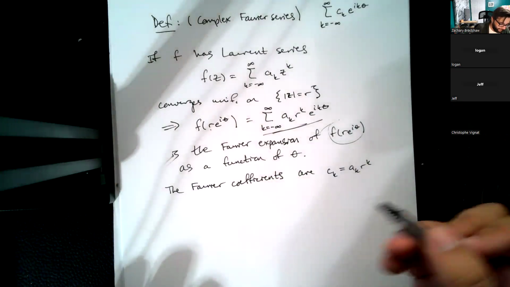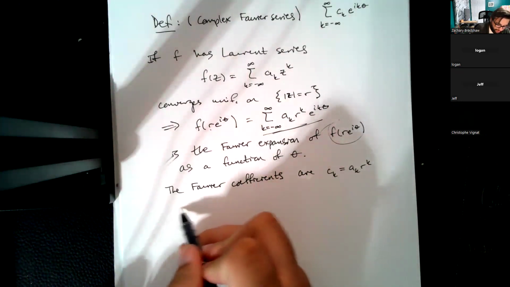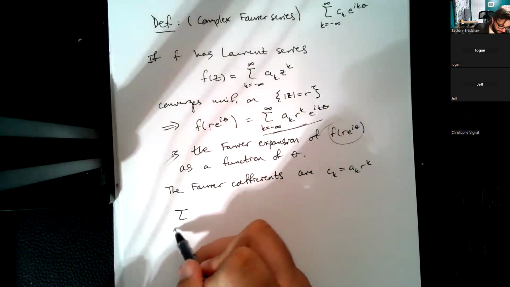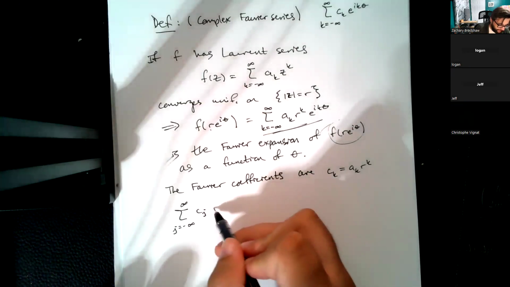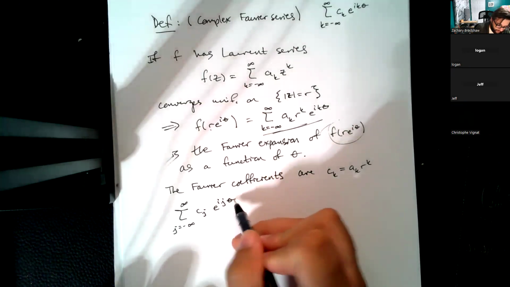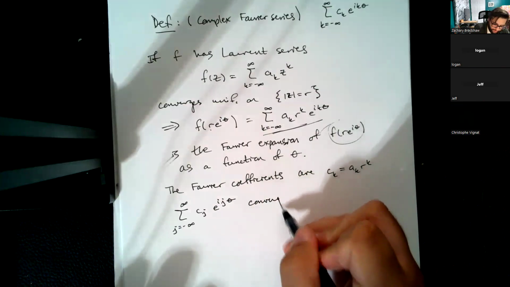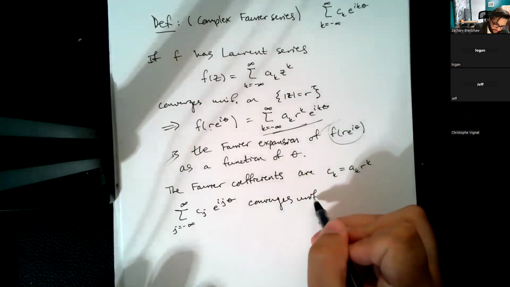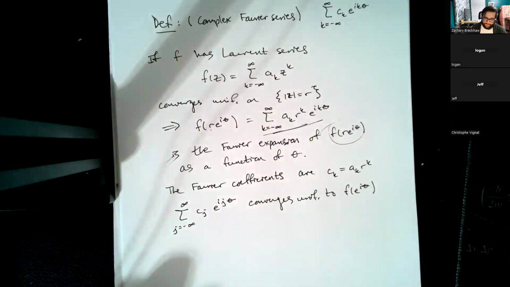Actually, that moment is basically now. So suppose we have such a series which converges uniformly to f of e to the i theta. So I'm setting r equal to 1 here.